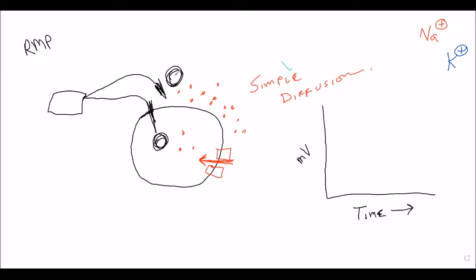If we had, let's say, positive 50 over here and negative 50 over here, what would this membrane charge be? Anyone? 0. 0, okay?